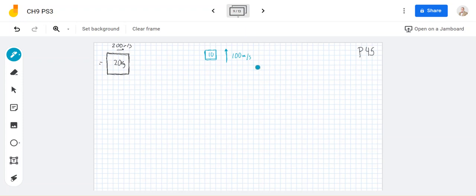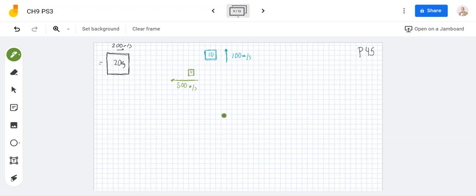A second part with a mass of 4 kilograms moves in the negative x direction with a speed of 500. So we have another piece. Let's make that one green. So it's moving in the negative x direction at like 500 meters per second. And its mass is 4.